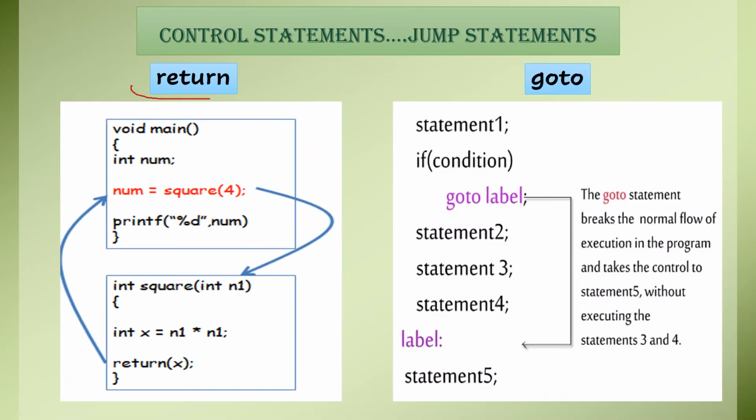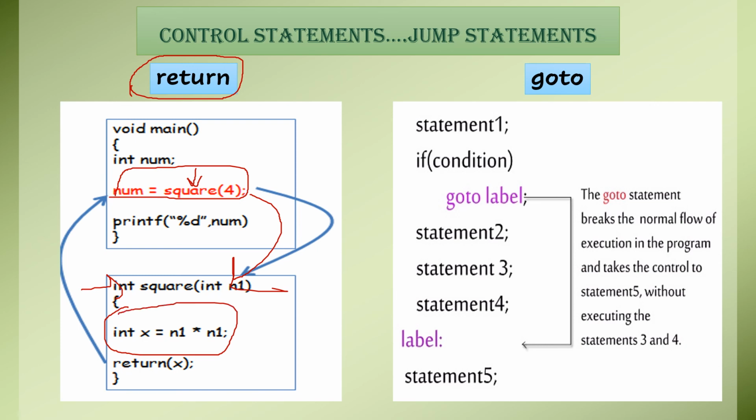Next is return. Return is basically used in case of subprograms or functions. Like here we have written num is equal to square(4). Whenever this statement comes for execution, square(4), it will check for the function square, which is written here. That means the control will jump to this, and after the calculations, here we have written return.